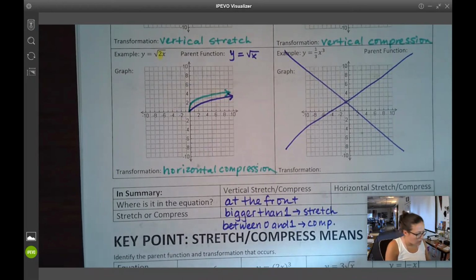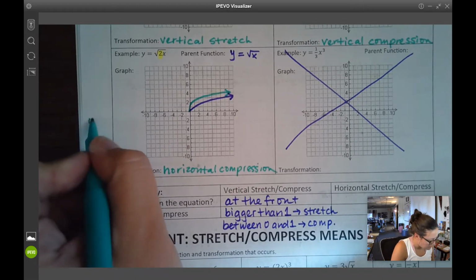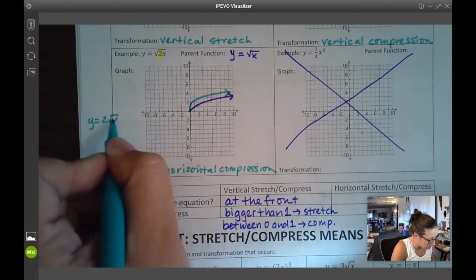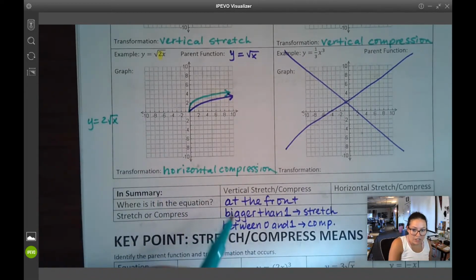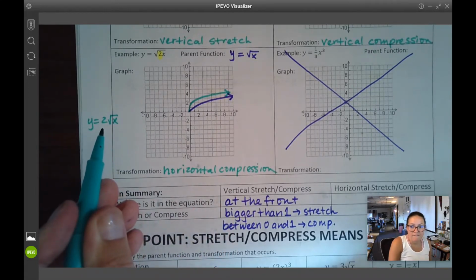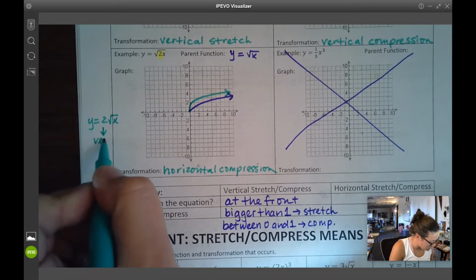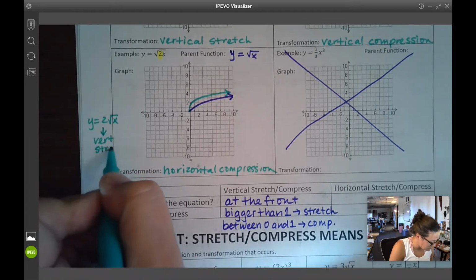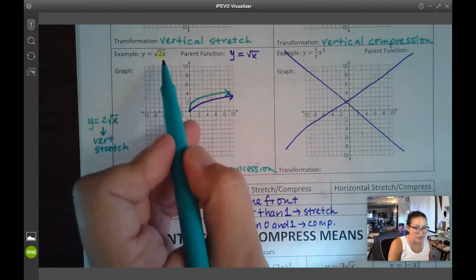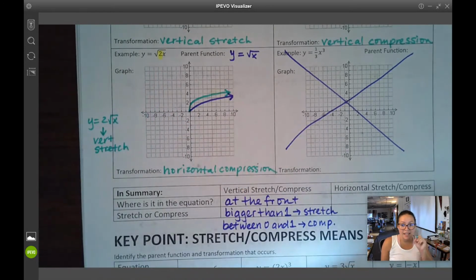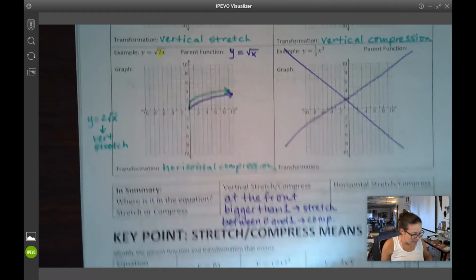If the 2 were out front, like this, according to what we just said, that would be a vertical stretch. Okay, that's a vertical stretch. But the 2 here is in the square root with the x.